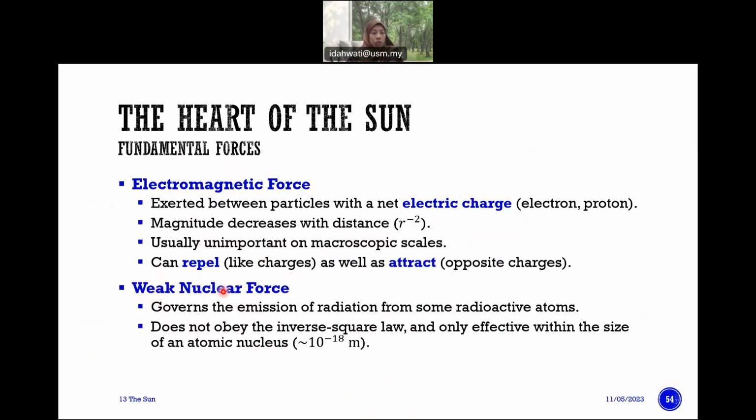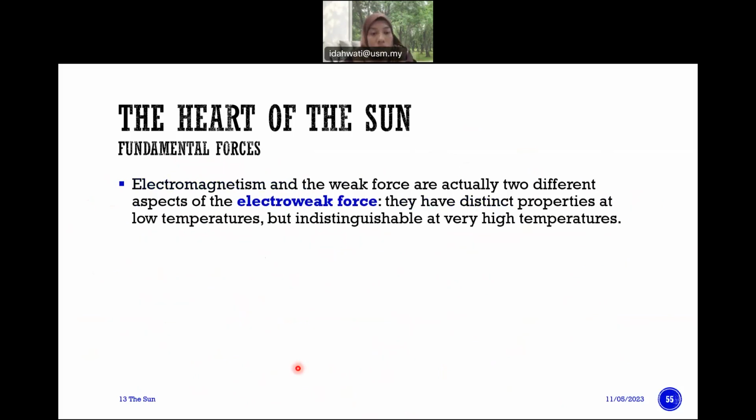We have the weak nuclear force, that governs the emission of radiation from some radioactive atoms, does not obey the inverse square law, and is only effective within the size of the atomic nucleus. And we have the electroweak force: they have distinct properties at low temperatures, but are indistinguishable at very high temperature.